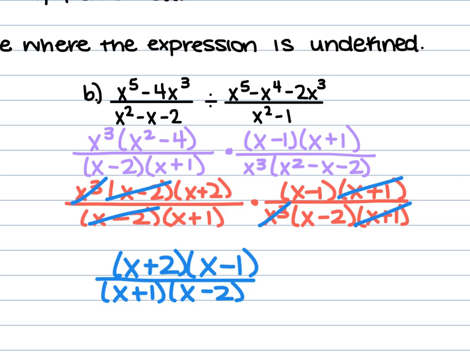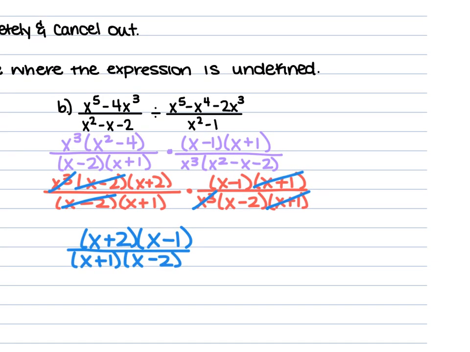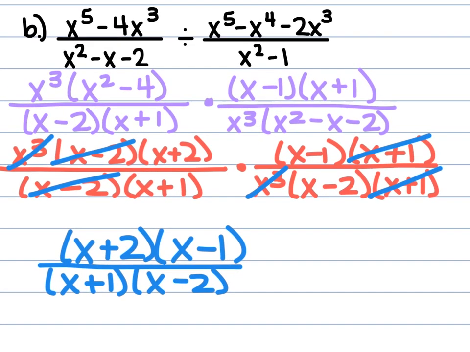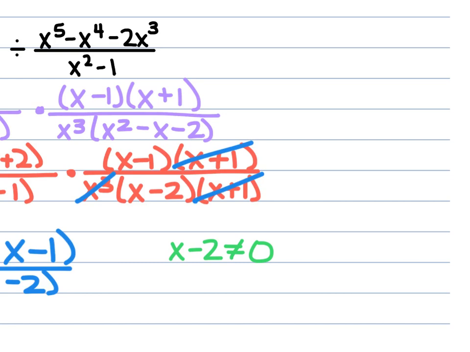Now I have to tell what x cannot equal. So I'm going to use the x minus 2, the x plus 1, and then I'm also going to use the x cubed and the x minus 2 and the x plus 1. So I have my x minus 2 cannot equal 0, x plus 1 cannot equal 0.